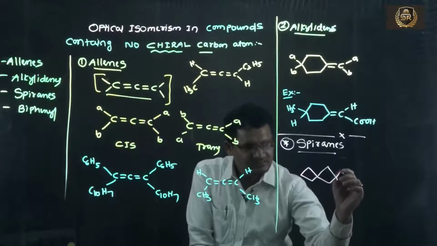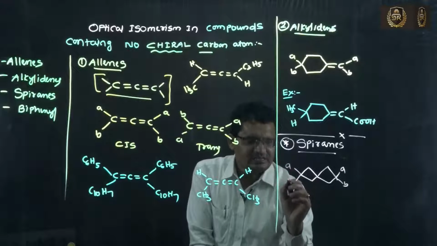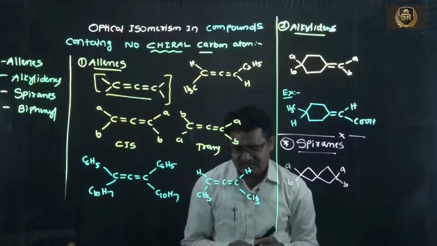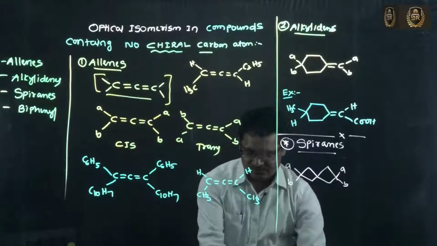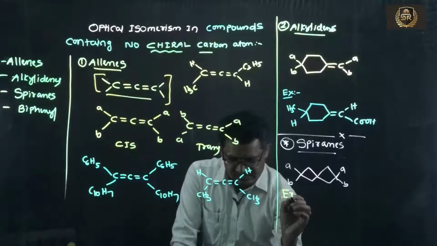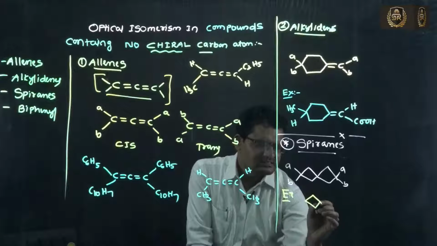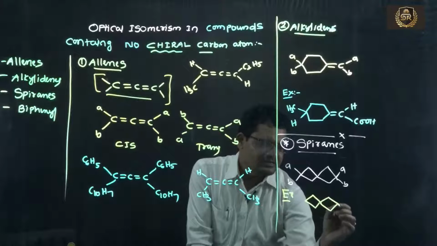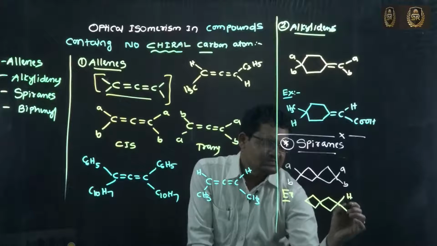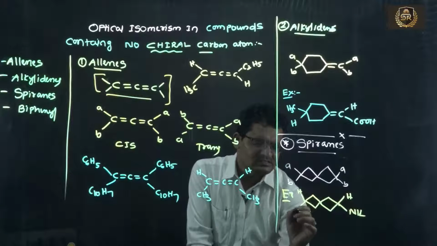Now here this is A, this is B, this side A, this side B. This is spirene. A few examples of spirene: this is spirene, this side H, this side NH2, this side also H, this side NH2.